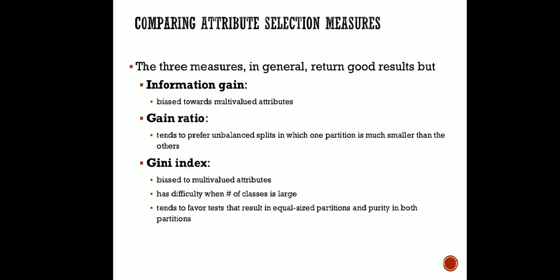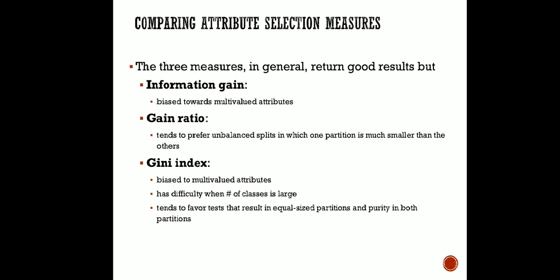So if we compare these three kinds of attribute selection, you can see information gain is biased towards multi-valued attributes, which I was talking about. If any attribute is like an Aadhaar card number, where all the values are unique, it will always generate the highest information gain for that attribute. So it is somehow biased, right? Gain ratio tends to prefer unbalanced splits in which one partition is much smaller than the other.